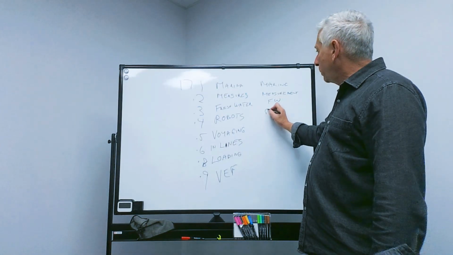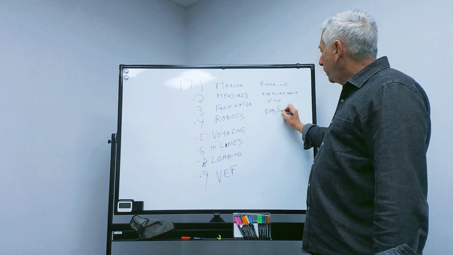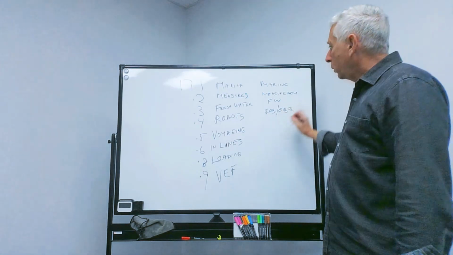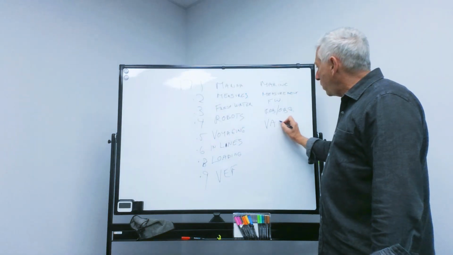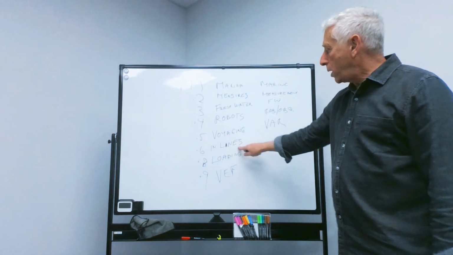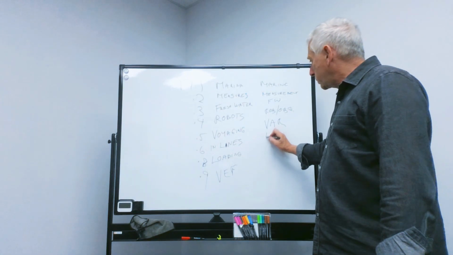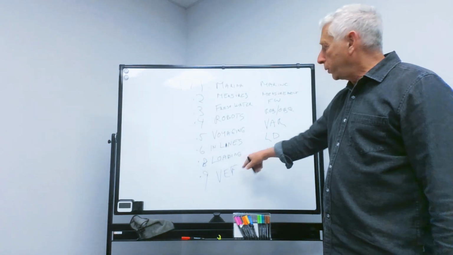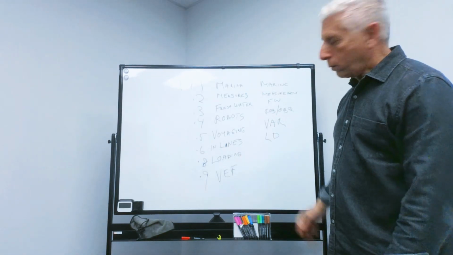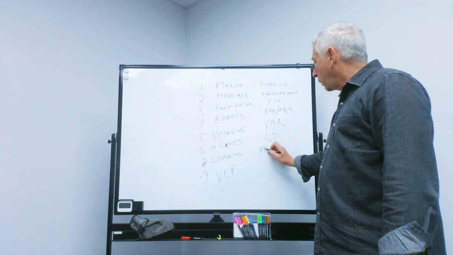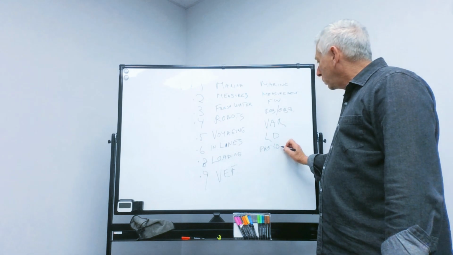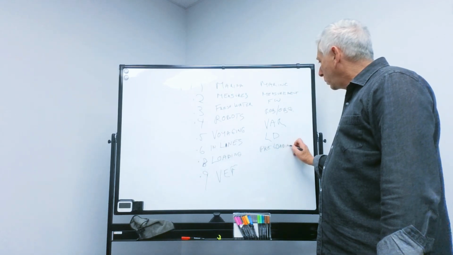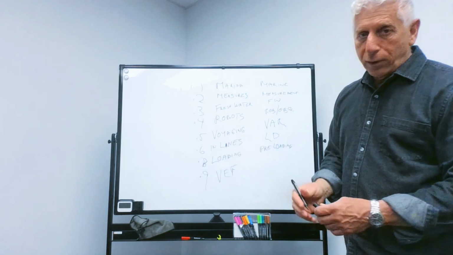Robots is ROB, OBQ. Voyaging is voyage analysis, VAR. In lines is line displacements, LD. Loading is preloading operations, procedures. And obviously VES is about VEF.